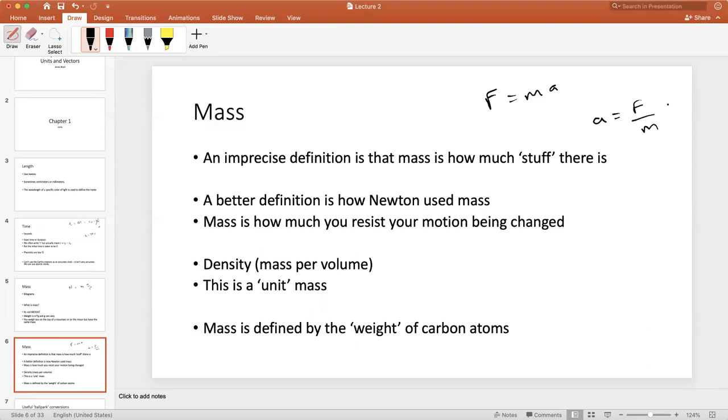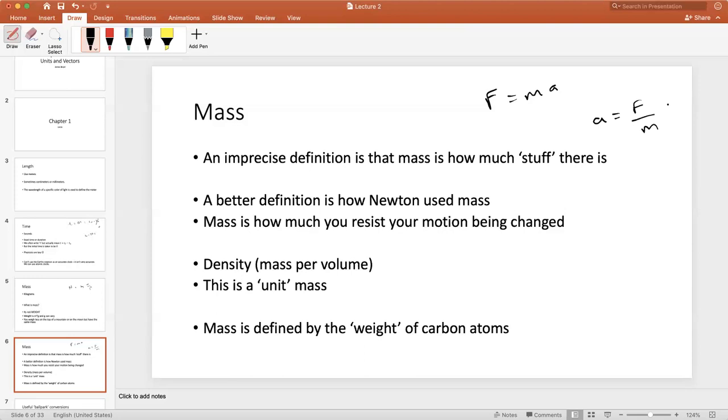What this means is I can crumple up a ball of paper. I can push it with a light force, and it flies across my table. It gets accelerated really fast. If I try to push a heavy brick with that same force, it may not go anywhere. So what mass actually is, is your resistance to having your motion change.